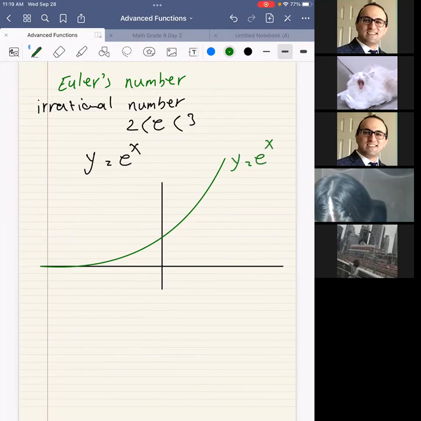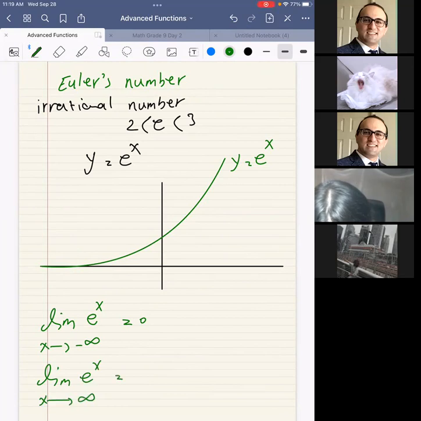And you see when x goes to minus infinity, the limit of this is 0. And when x goes to plus infinity, it's plus infinity. Its value at 0 is 1, because any number to the power 0 is 1. We will see more about this function in the future, but remember this.